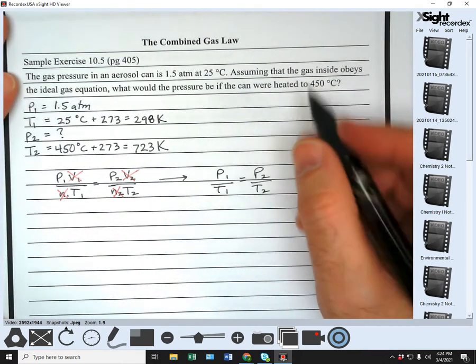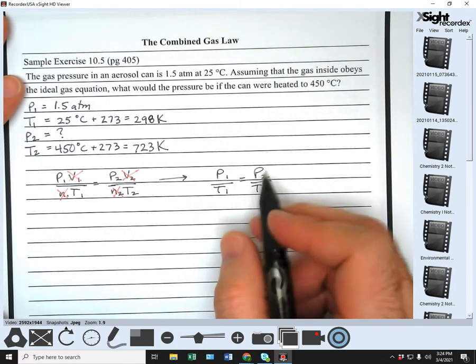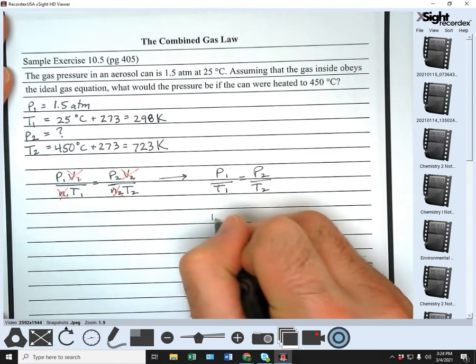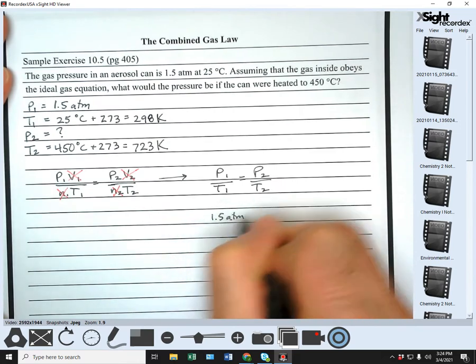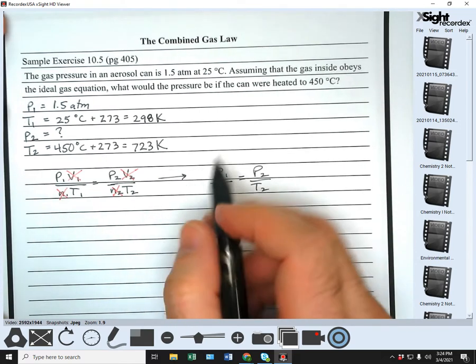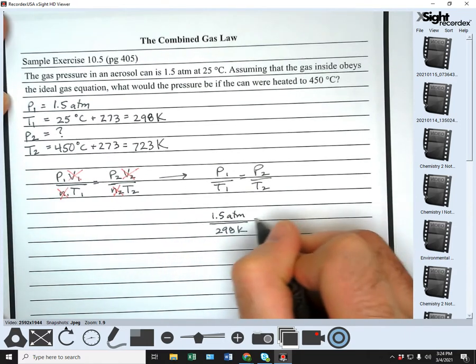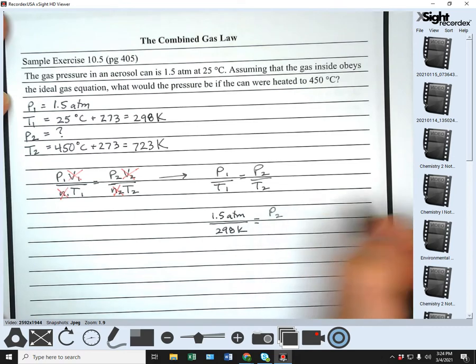Okay. Now it's just a matter of plugging stuff in. So we've got a P1, a pressure 1 of 1.5 atmospheres. We've got a T1 of 298 K. We don't know the P2, that's what we're looking for.